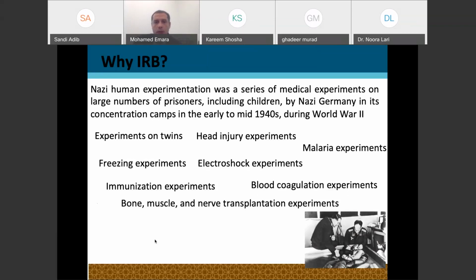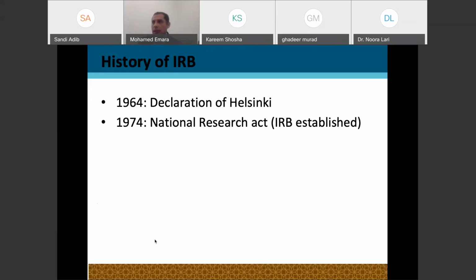This was really a trigger to the entire world, which worked on it for several years to decide that we had to stop and look at what we should do to protect human subjects from this kind of action by humans against humans.